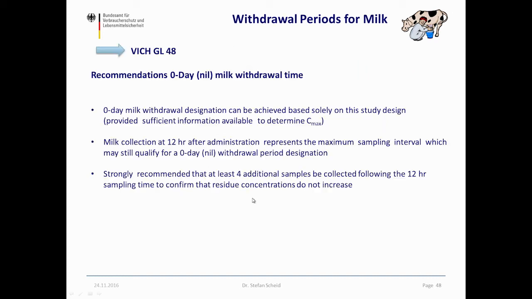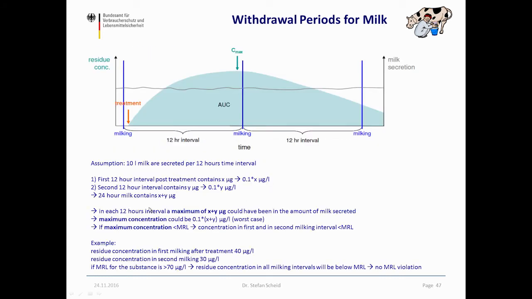And in this case, you would check the concentration in this sample, and in this sample, and make sure that the combined residues are below the MRL. And if the combined residues are below the MRL, in this case, also any milking at the farm in any interval would only yield residues that are below the MRL.